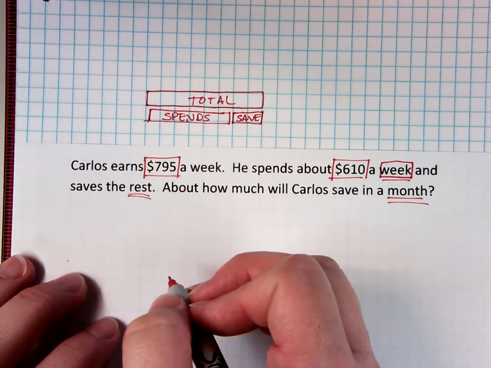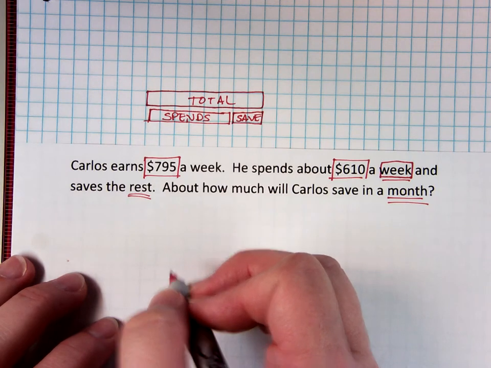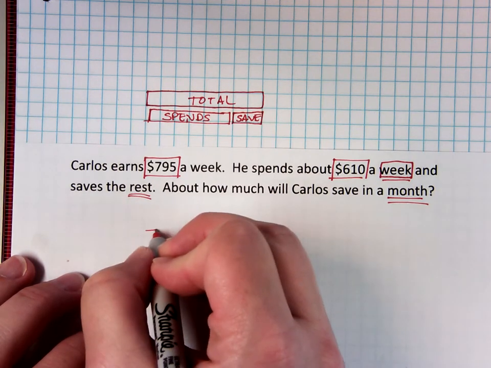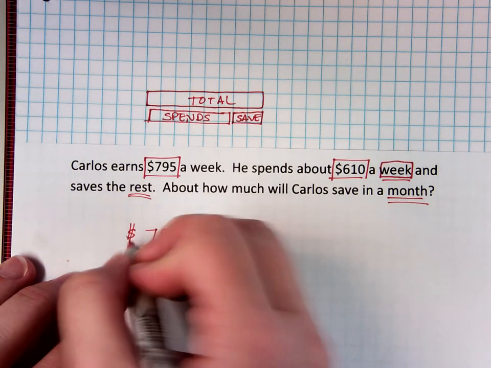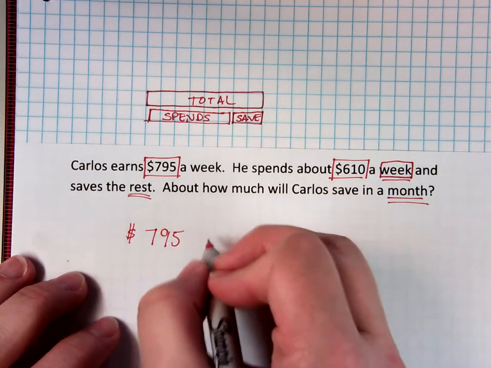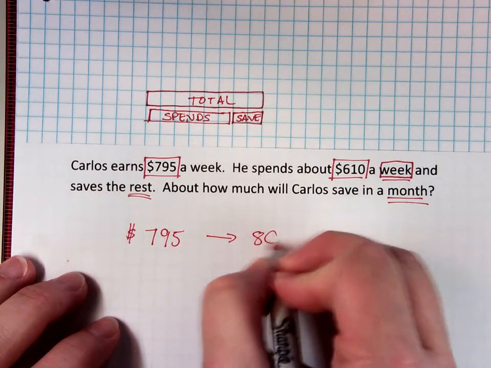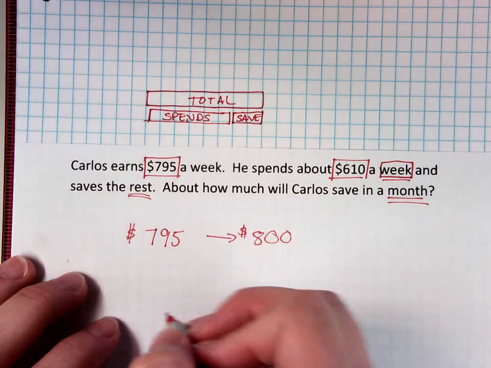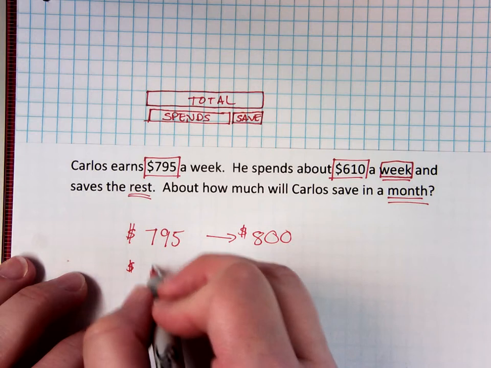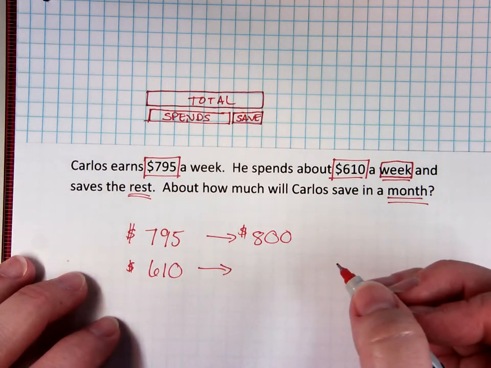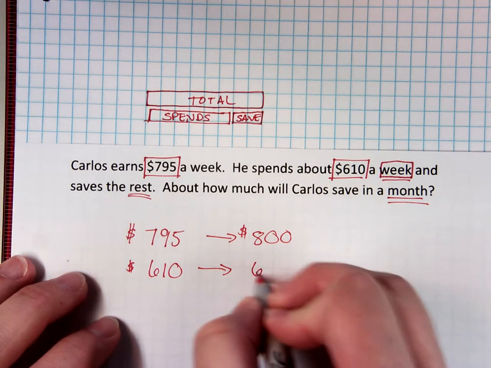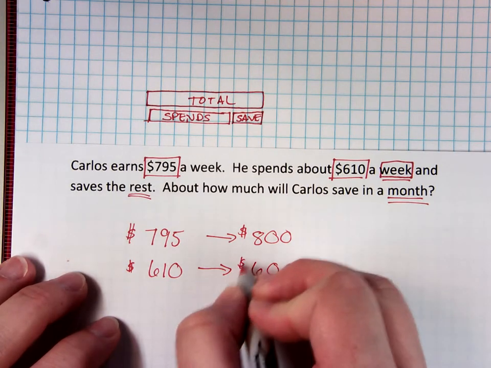Let's go ahead and work on $795, and we're going to round. That is going to become $800. And the other number that we have is $610. We're going to round again to the nearest hundred to make it easy, and that's going to become $600.